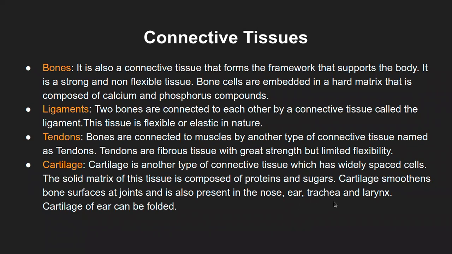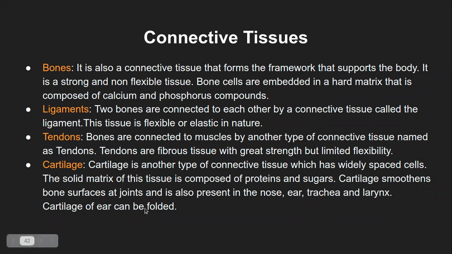trachea, that is the windpipe that you have. When you are inhaling and exhaling through the mouth, the air enters into the trachea. So that portion is of cartilage. And then the larynx. I hope you know pharynx and larynx; they are present after the oral cavity. That is the larynx.